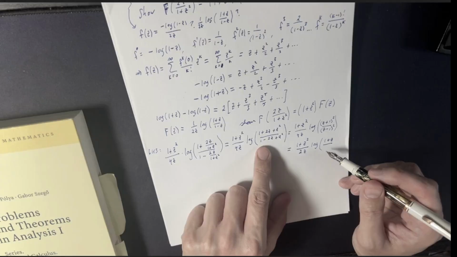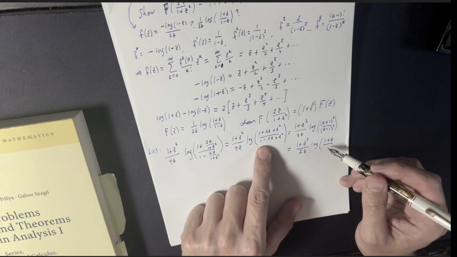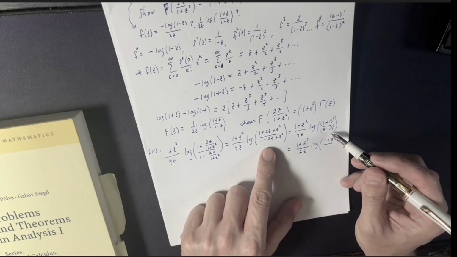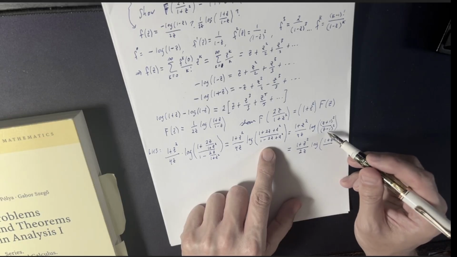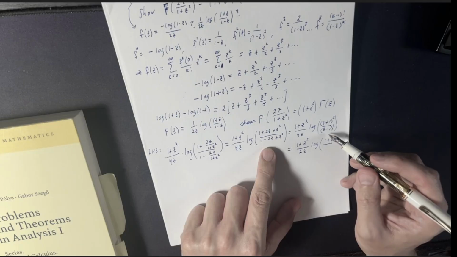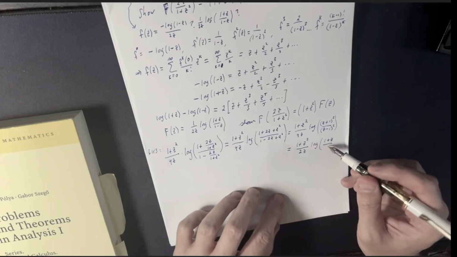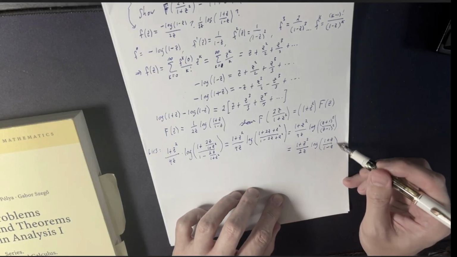Oh, it was 1 minus z, wasn't it? I see. That doesn't actually matter, though. You could have initially written this either way, right? I could have changed the order here. Since it's z minus 1 squared, I could change the order to 1 minus z. So I'm going to do that.